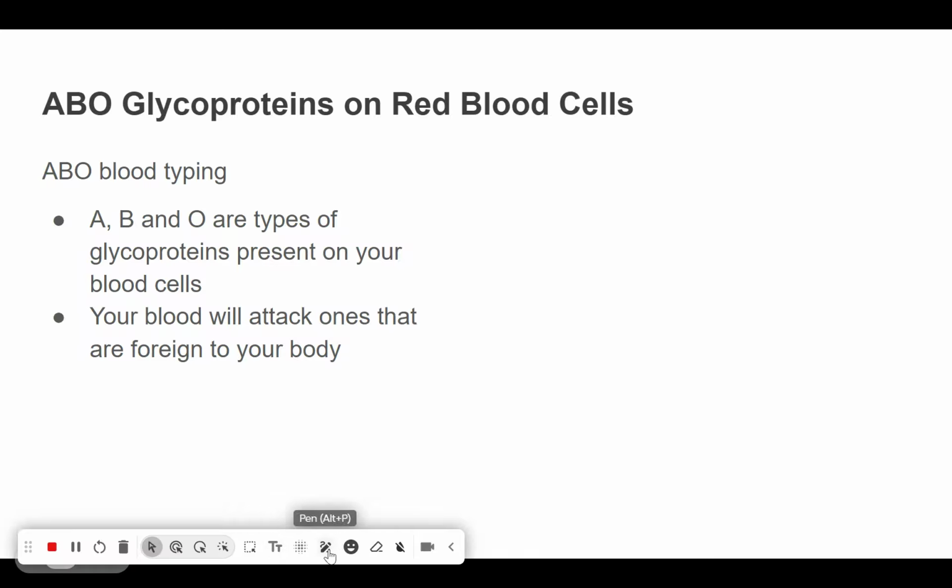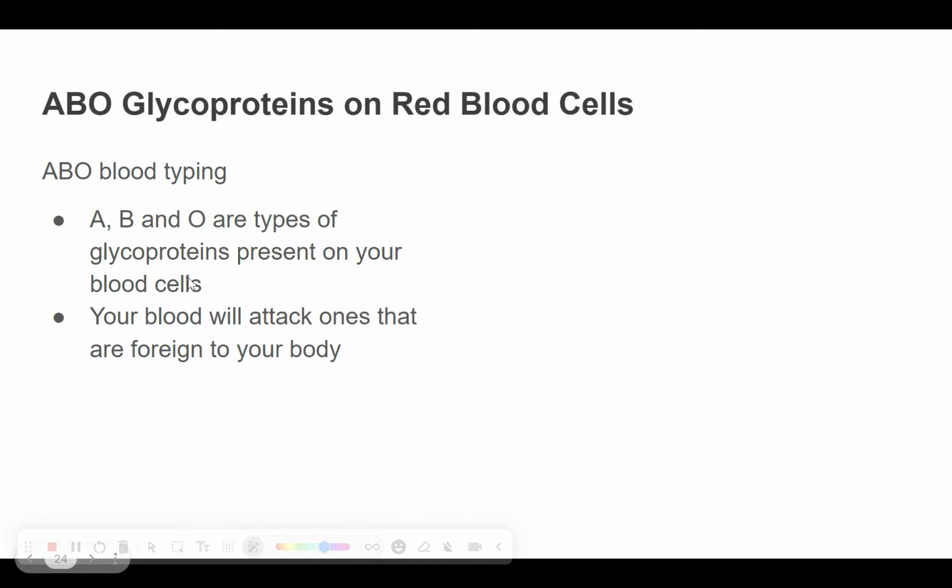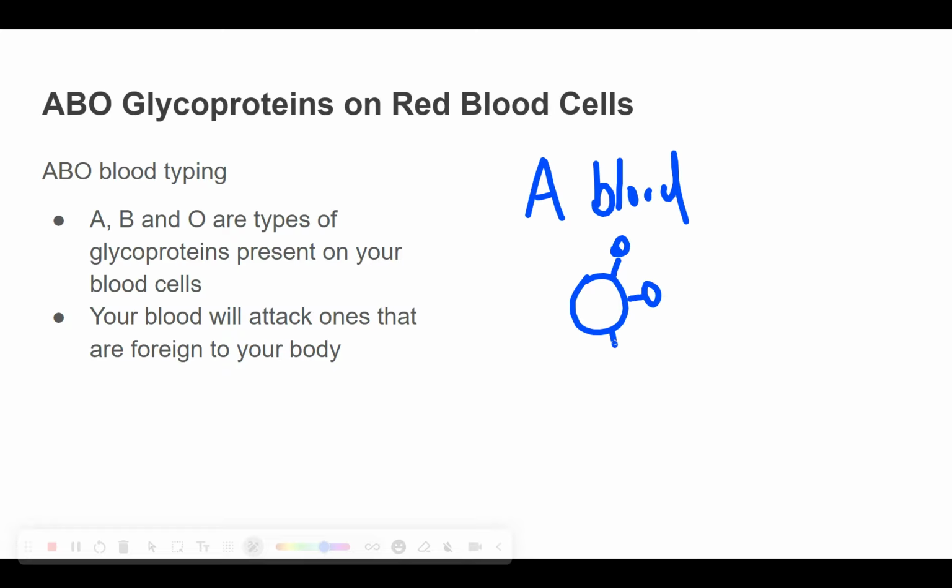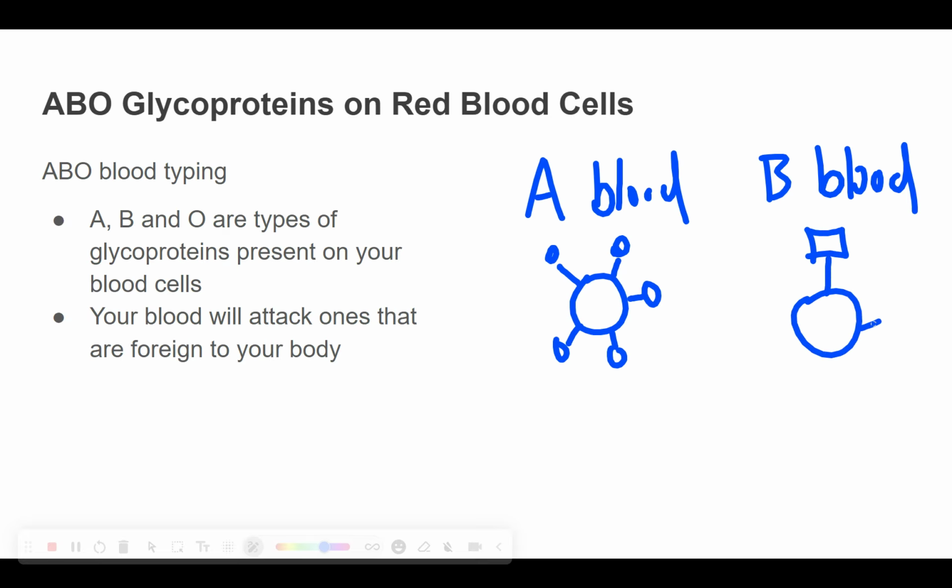So I'm going to get my pen going. Let's say you have A blood. A blood means that your blood has glycoproteins that are a certain shape on it. So this could be a representation of what your blood cell looked like. B type blood, you would have a different glycoprotein on the outside of your red blood cells.